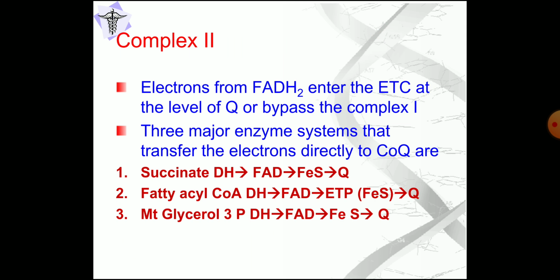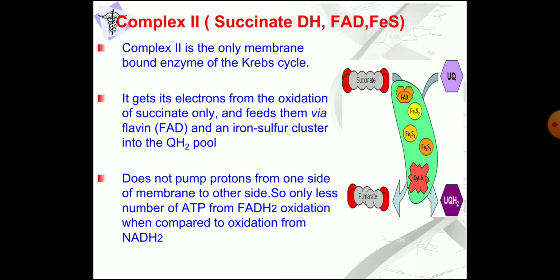The three major enzyme systems that transfer electrons directly to coenzyme Q are succinate dehydrogenase through FAD, FeS and coenzyme Q; fatty acyl coenzyme A dehydrogenase through FAD, ETF, FeS and Q; and mitochondrial glycerol 3-phosphate dehydrogenase through FAD, FeS and coenzyme Q. So these are the ones directly transferring electrons to coenzyme Q. Complex 2 is succinate dehydrogenase, FAD, FeS; these are the components of complex 2.